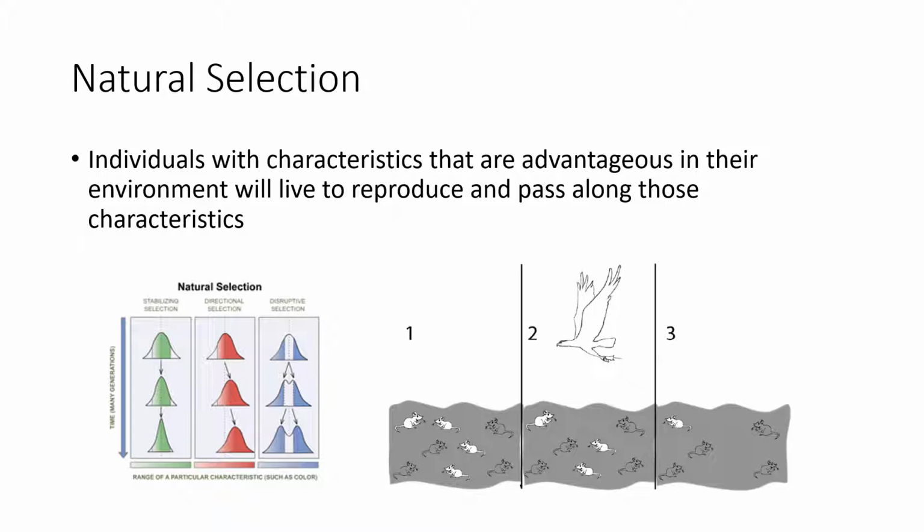But if you look at this little graph in the left-hand corner, there are a couple ways that natural selection can play out. The way that this graph is set up, you have time, so generation-wise, let's call it generation 1, 2, and 3, right underneath each other. But it's probably more than just 3 generations. We're looking at hundreds of generations, over time.